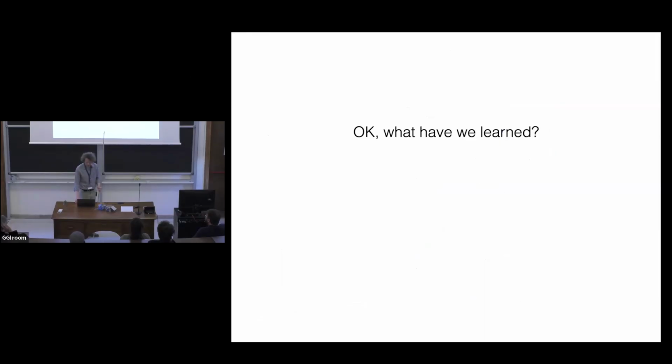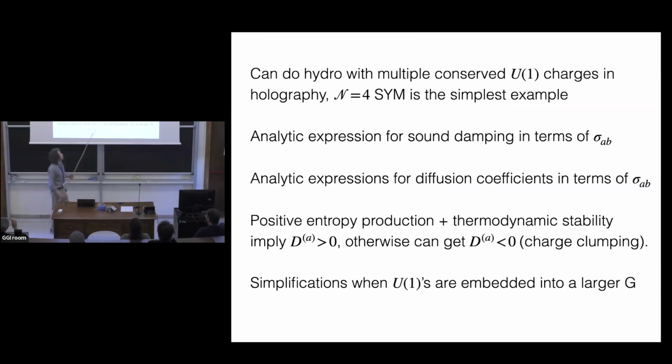So what have we learned? You can do hydro with multiple U1 charges. In holography, N=4 super-Yang-Mills is the simplest example. You can find analytic expressions for sound damping in terms of sigma AB. You can find analytic expressions for diffusion coefficients in terms of sigma AB.